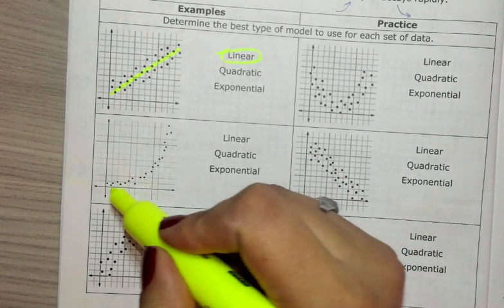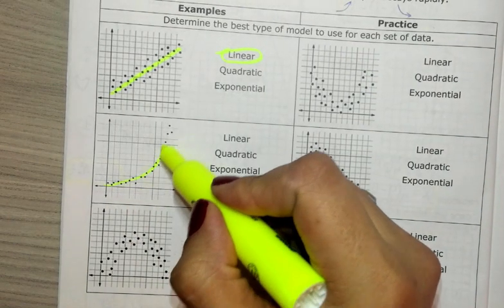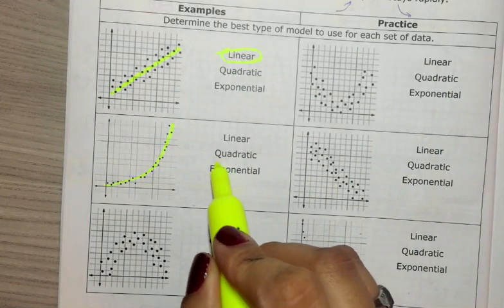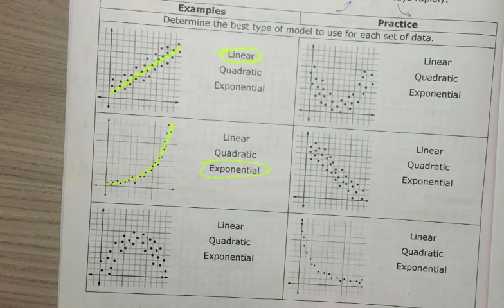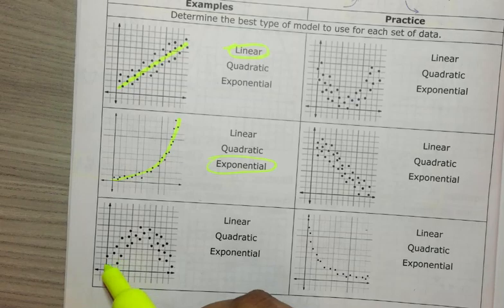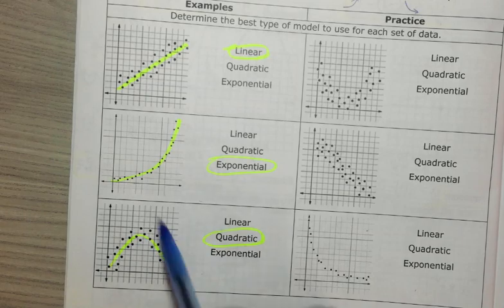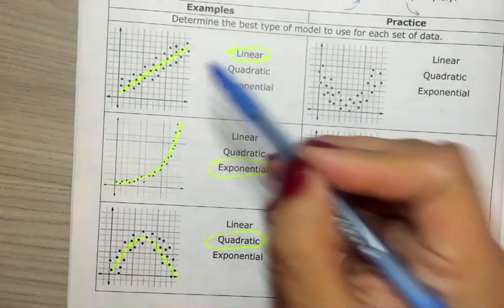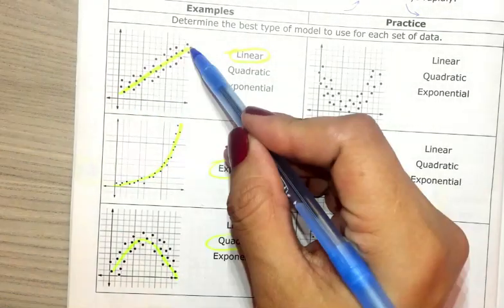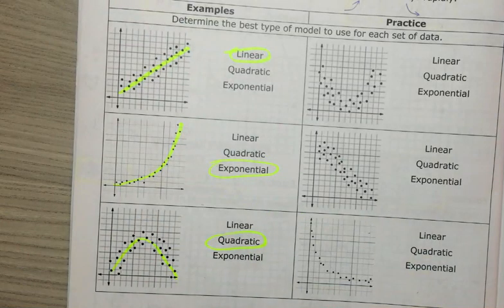For this one, it starts and then increases rapidly, so that's exponential. And for this one, it's a U-shaped graph, so that would be the quadratic. So that is again a visual of the three types of regression that we can have. Notice that it is just scattered points creating that pattern, not points that are connected.